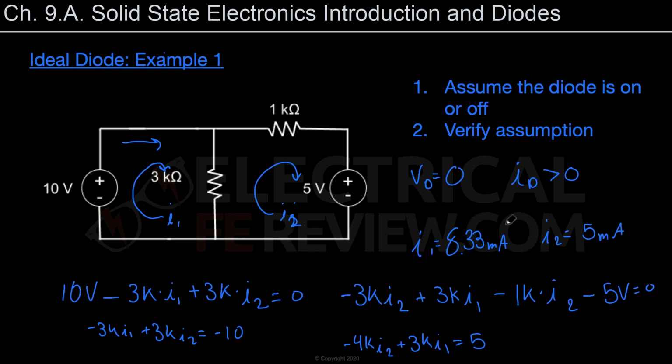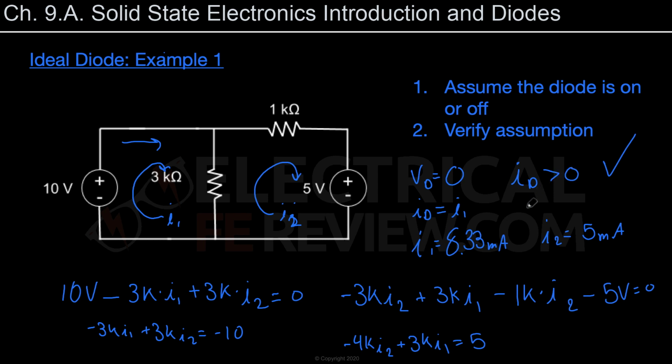And so ID is equal to I1, and I1 is greater than 0. So now we have verified that our assumption is correct and the diode is in forward bias.